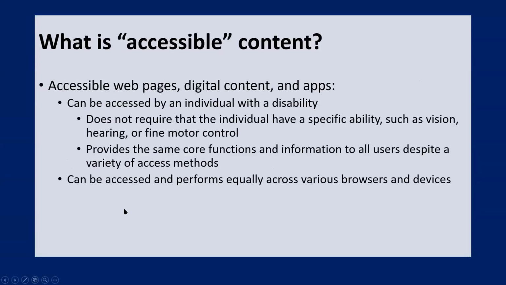So what is accessible content? Well, in web pages, we can think about the stuff that we put on there: the content, the copy, images, videos, audio, and also apps as well. So we have to keep accessibility in mind when we put information on the web.